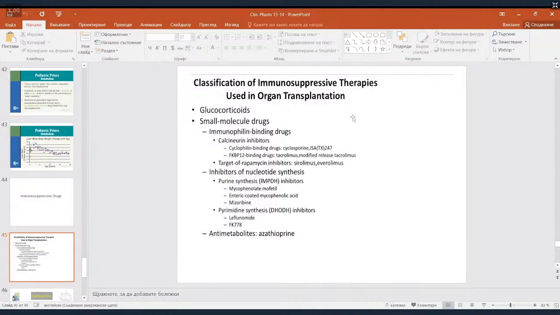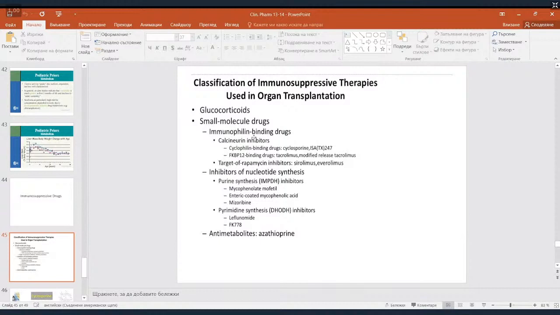What are some immunosuppressive drugs that are used in organ transplantations? We have corticosteroids, of course. Then we have small molecule drugs like immunophilin binding drugs. These are the game changer drugs, if I may call them so, in transplantation.